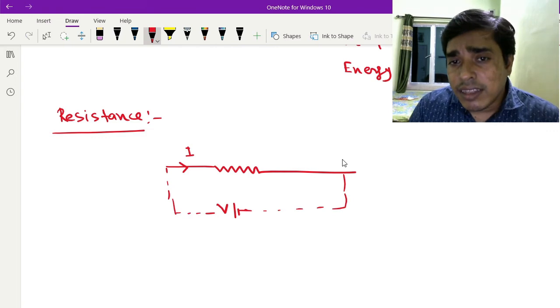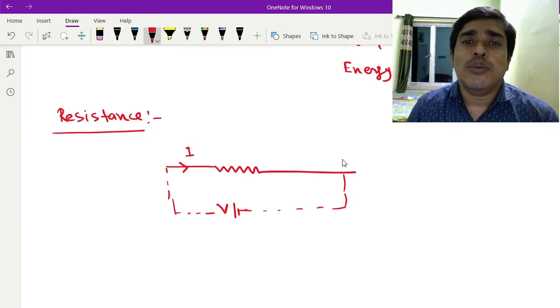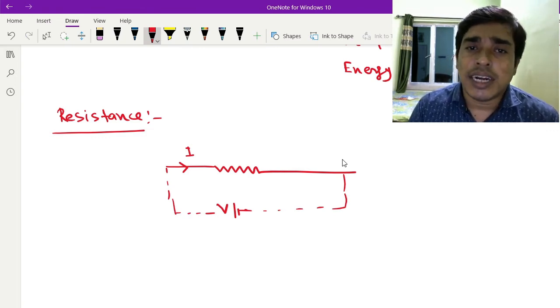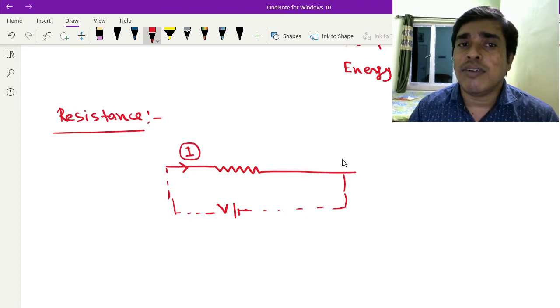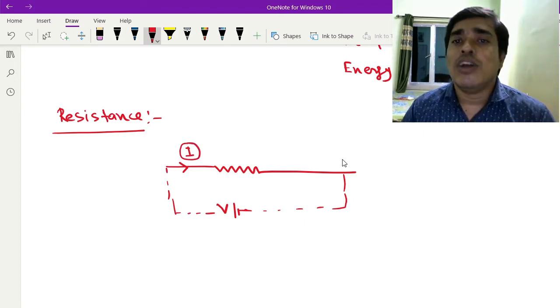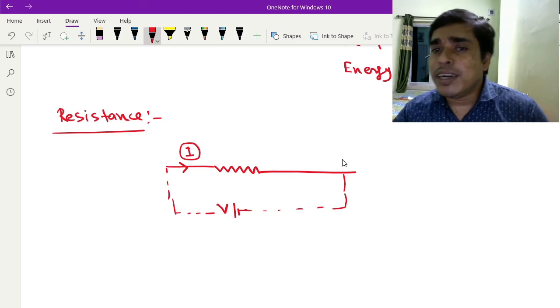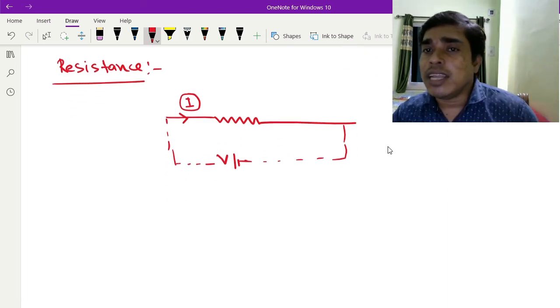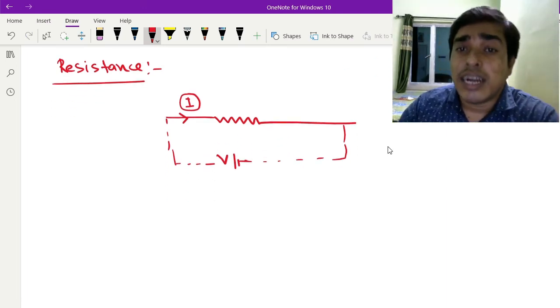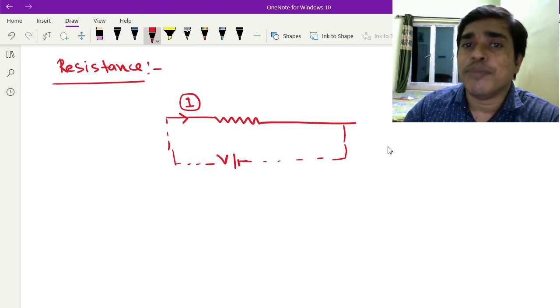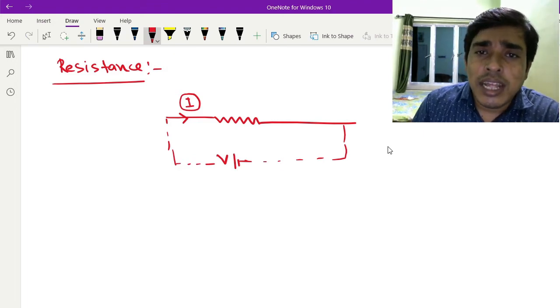But this conductor will oppose the current. This property is called resistance. So resistance is a property of a material that opposes the current through it. This resistor is called R.